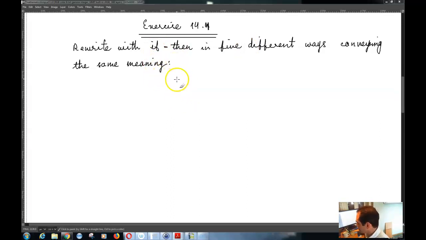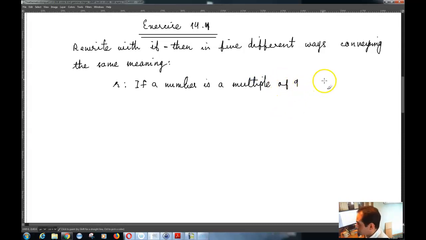We shall illustrate these ways in the context of the following statement. We had a statement R, which was: if a number is a multiple of 9, then it's a multiple of 3.